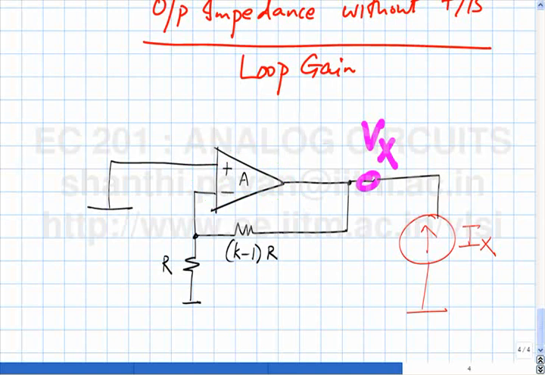Correct? Now, let's go one more step forward. If this is R0, and I didn't have this feedback loop, what do you think will happen to Vx when I pump in a current Ix? Vx will simply become Ix times R0. Is that clear? Alright. Now, when I close the feedback loop, what do you think will happen?